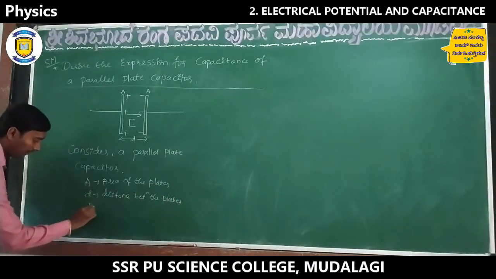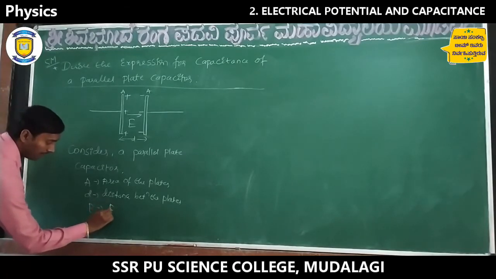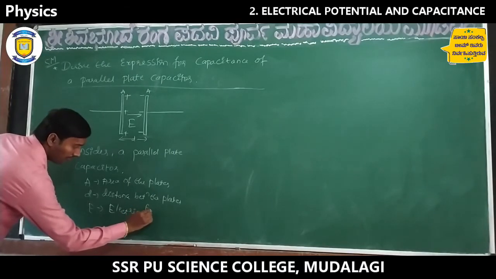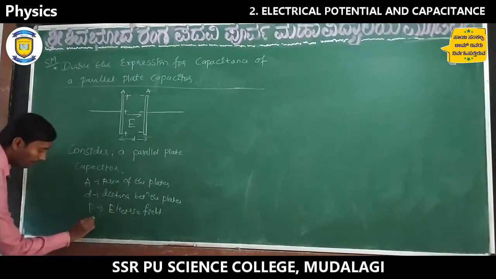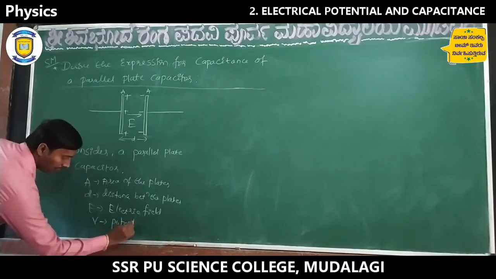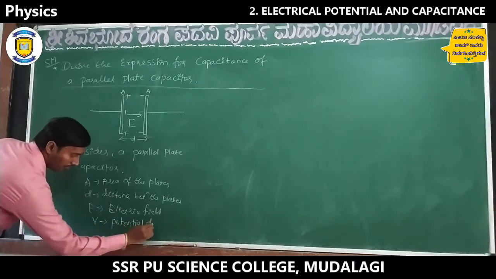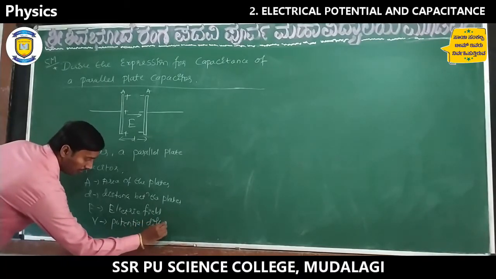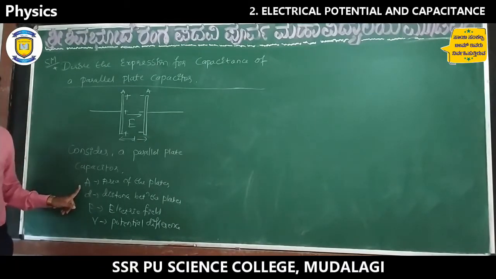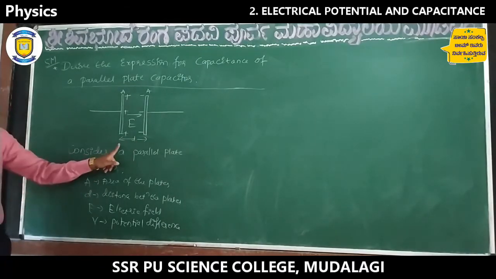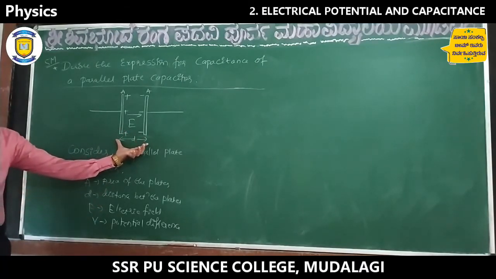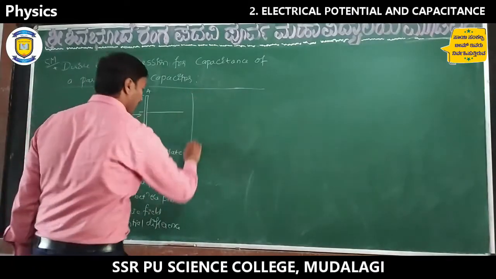A is the area of the plates, d is the distance between the two plates, E is the electric field, and V is the potential difference between the two plates. Correct? So next we will derive the equation.